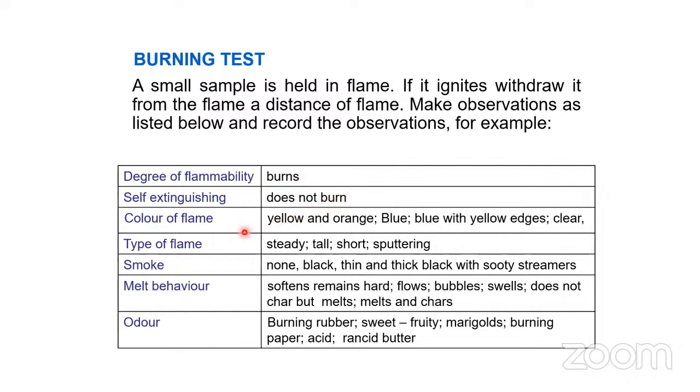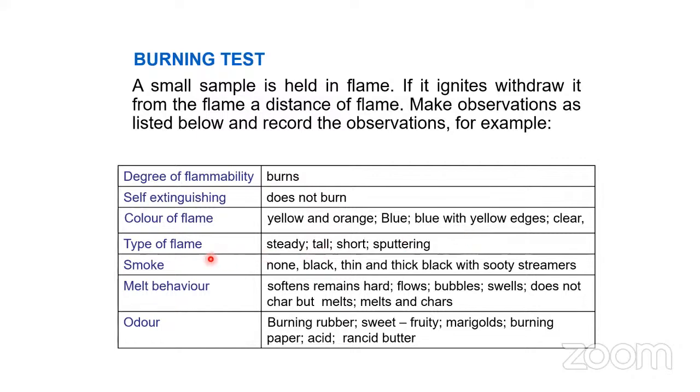Then the major observation of burning is the color of your flame. Whatever flame is generated after burning, you just have to observe its color, whether it is yellow, orange, blue, blue with yellow, or clear. Accordingly you can segregate the polymers, which I have mentioned in the next slides, like which color shows which kind of polymer.